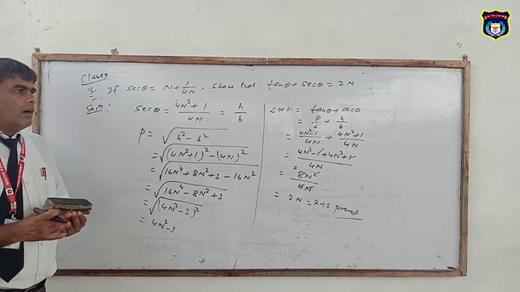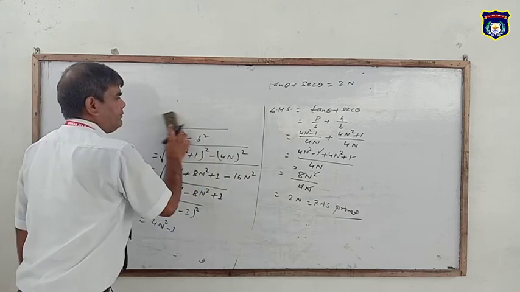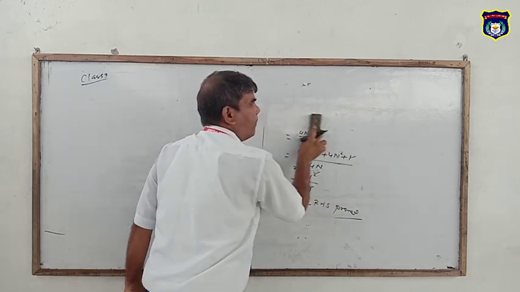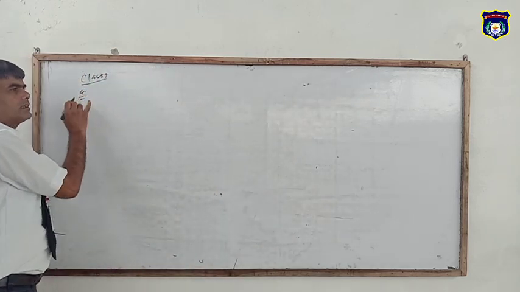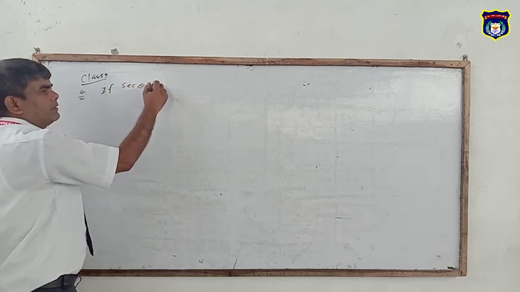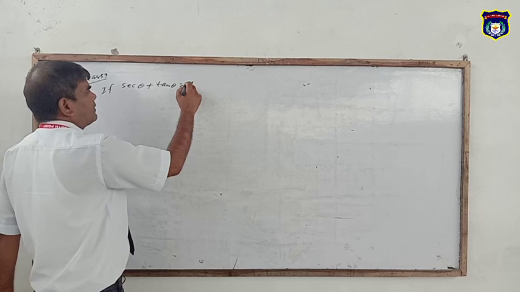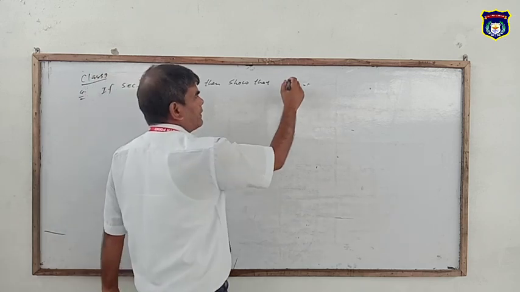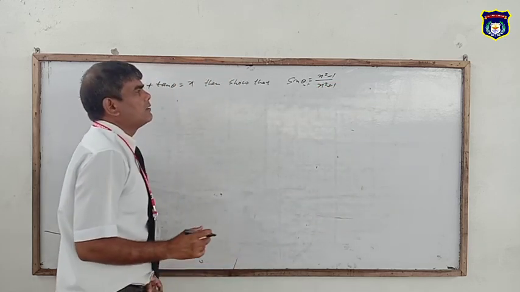Now next question. Next question is: if sec theta plus tan theta is equal to x, then show that sin theta is equal to x square minus 1 by x square plus 1.